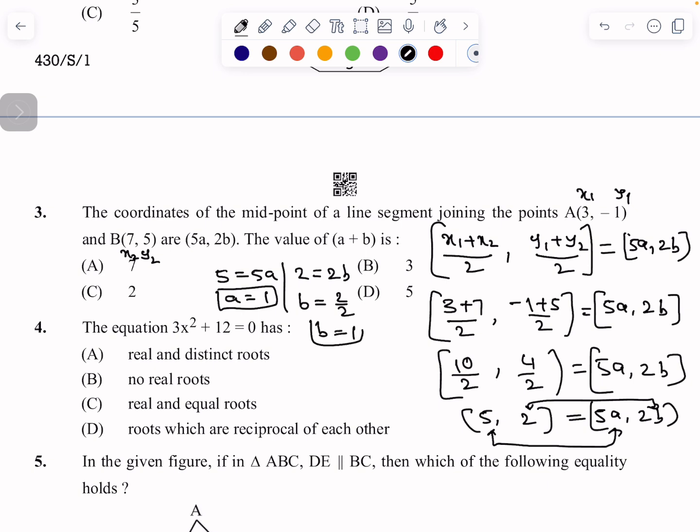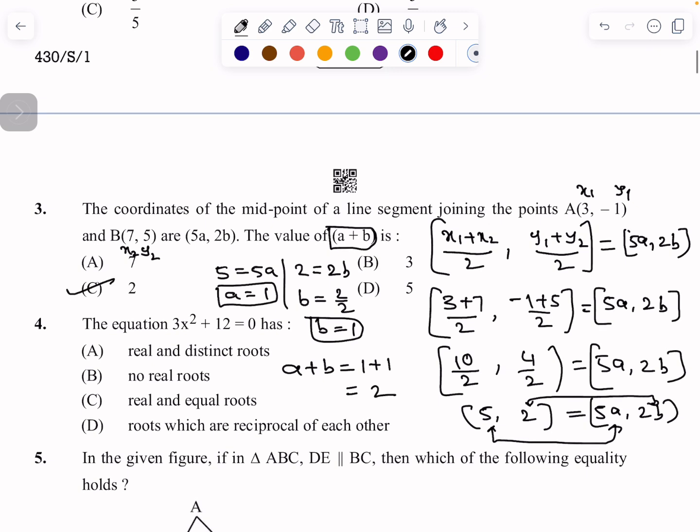Then a value is 1 and b value is 1. We need to find the a plus b value, so a plus b is 1 plus 1, which is equal to 2. Yes, here option C is matching.